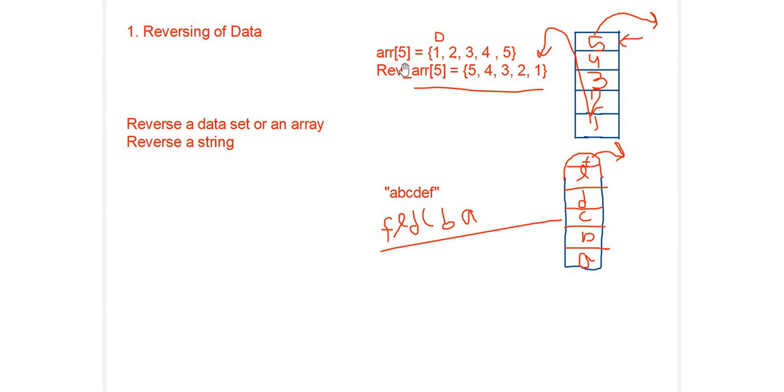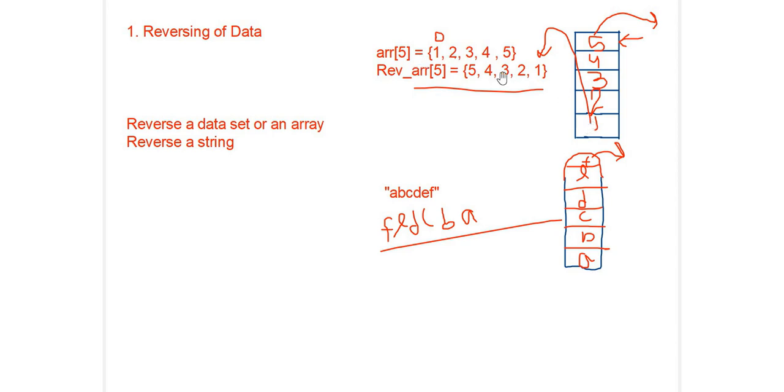In case of integer data set, we can reverse a data set or an array. Here we have an integer array. We can reverse it. Our array has size of 5 and it has elements 1, 2, 3, 4 and 5. We will push each element one by one into the stack.